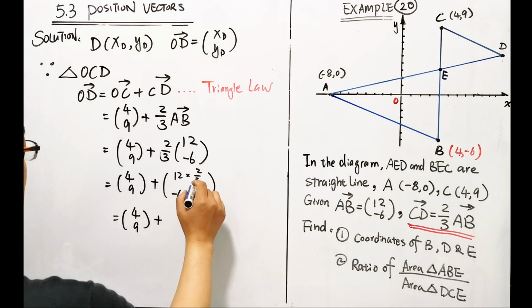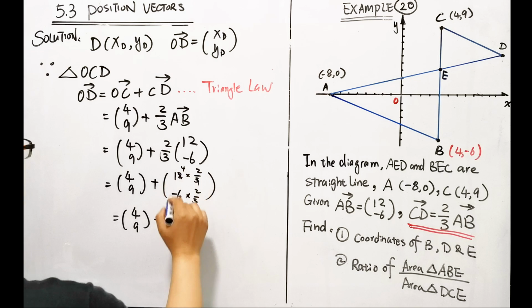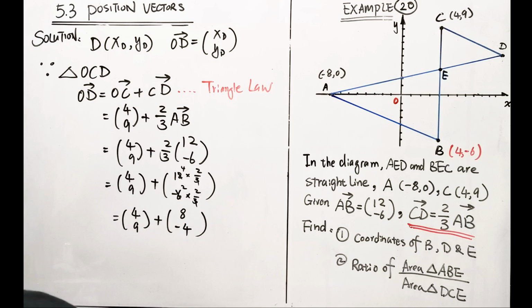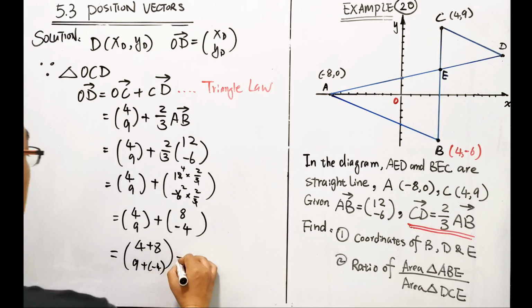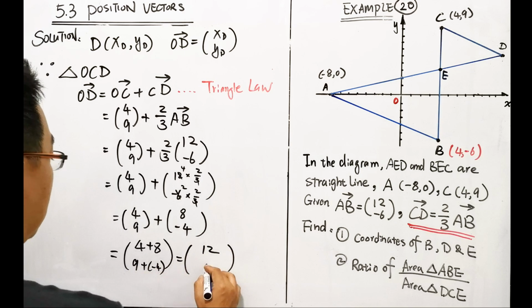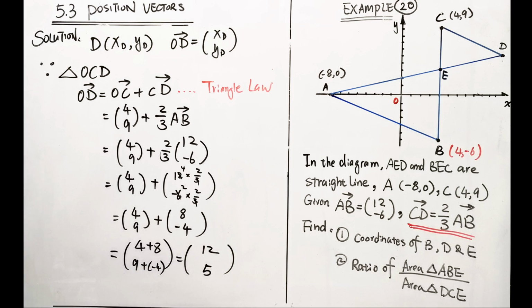It's 18 on top and minus 9 below. Then we use a simple addition of two vectors: 4 plus 8, 9 plus 4 minus 4. What we get here is 12, and below it equals 5. So that's the answer.